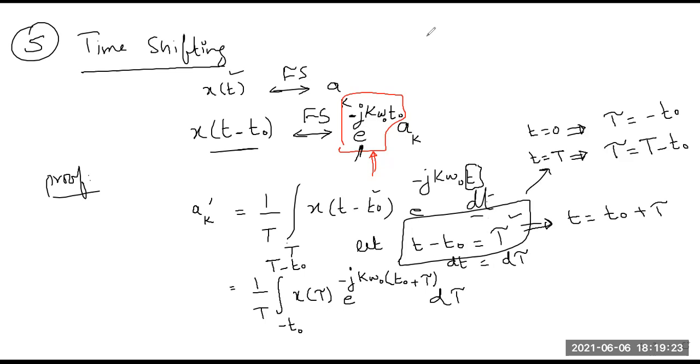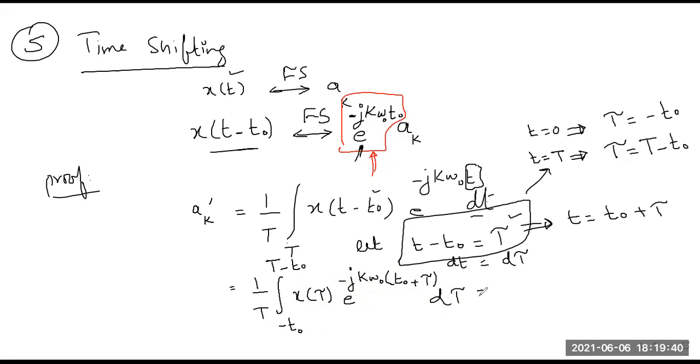Now you can see that this integration is with respect to tau, but there is one term, e power minus jk omega naught t naught, and this whole term is constant. So we can take it out of the integration sign.